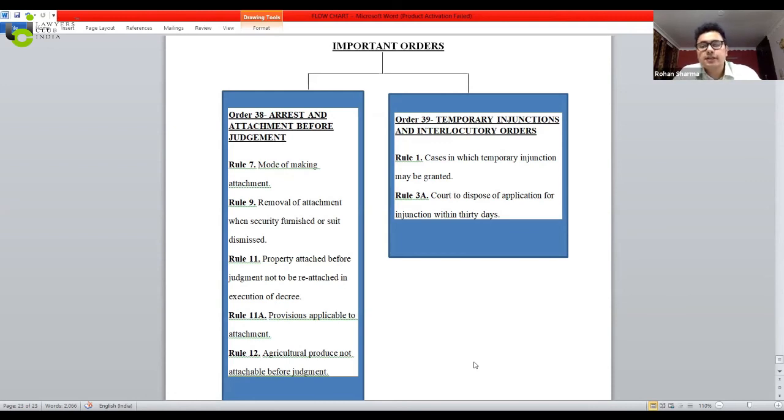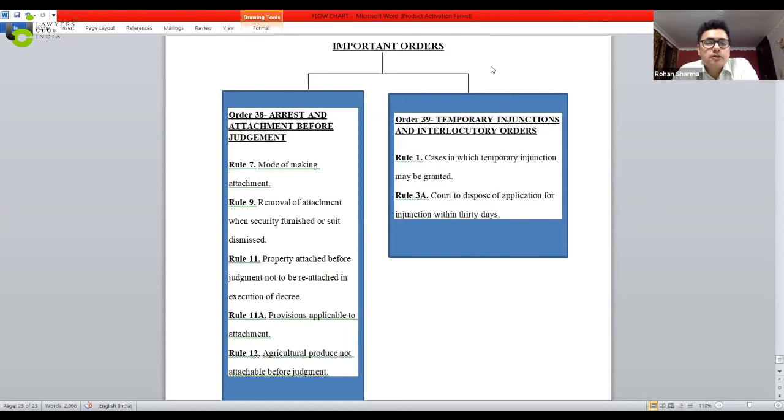This application is decided at the first instance when the summons are issued and both parties are present. Arguments are addressed on this application, courts pass an order on whether an interim injunction should be given or not, and then the court moves on to proceed with the main matter.